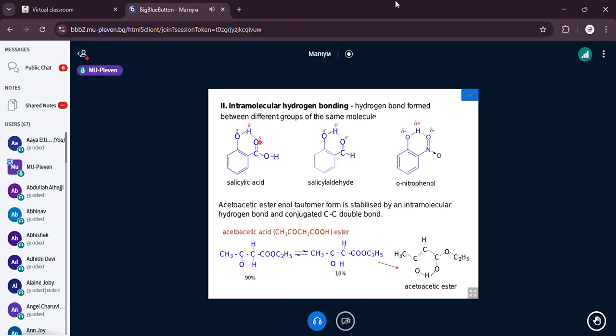Second type of hydrogen bonding is named intramolecular hydrogen bonding. The name shows that inside the molecule, hydrogen bond will be formed. Usually, such hydrogen bonds arise when we have ortho derivatives of benzene.